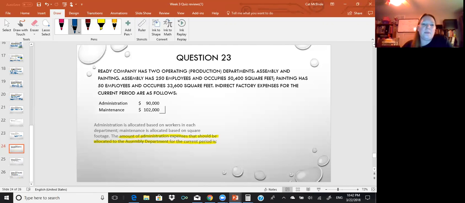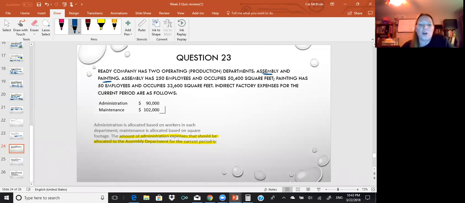So Ready Company has two operating or production departments, assembly and painting. The assembly department has 250 employees and occupies 50,400 square feet. The painting department has 50 employees and occupies 33,600 square feet. The indirect expenses are 90,000 for admin and 102,000 for maintenance.